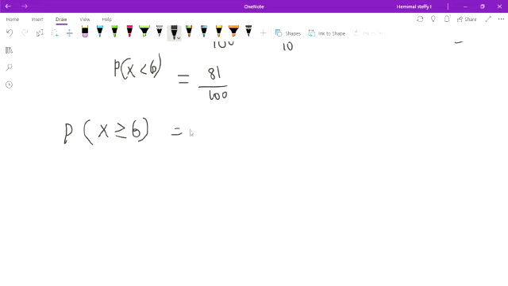We will take only 6 and 7, the probability values of 6 and 7. So we can take only probability X equal to 6 and probability capital X equal to 7.